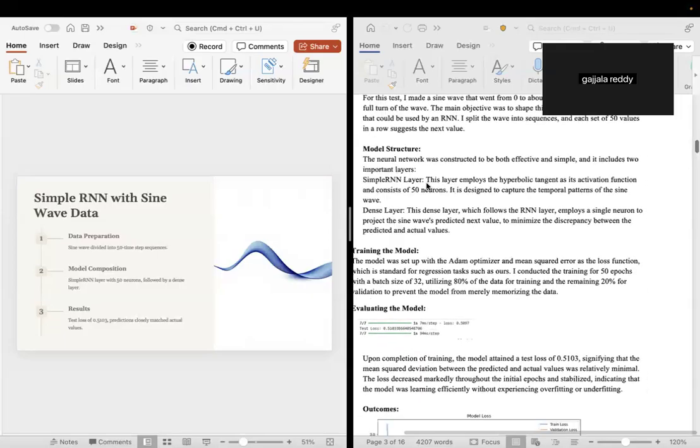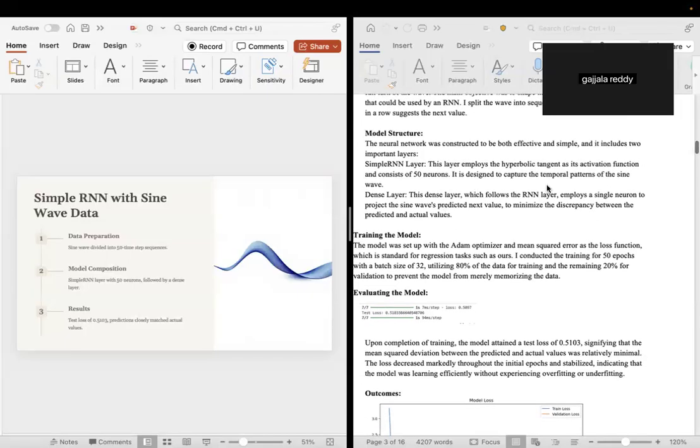Model structure. In the model structure, the neural network was constructed to be both effective and simple, and it includes two important layers. One is the simple RNN layer, another one is the dense layer. The simple RNN layer employs the hyperbolic tangent as its activation function and consists of 50 neurons.